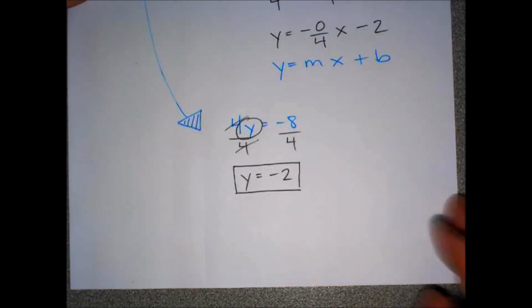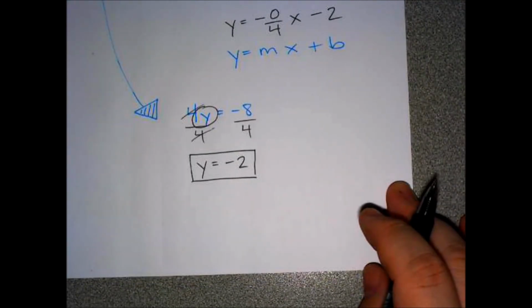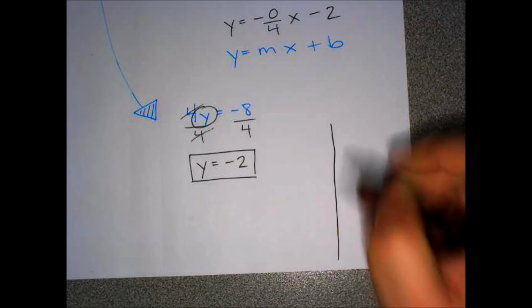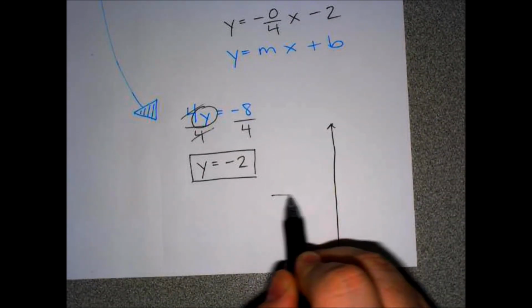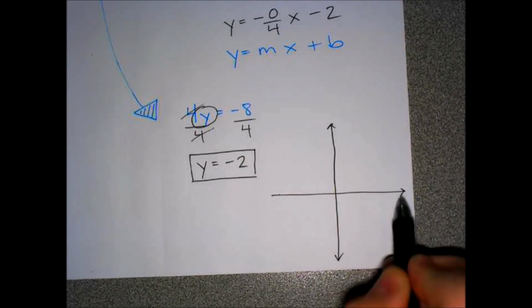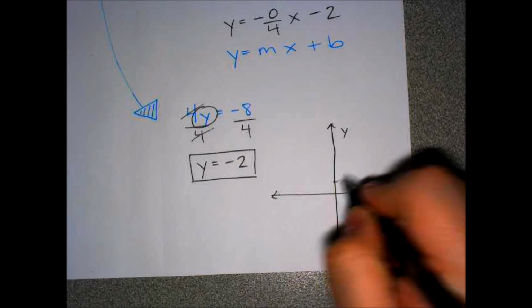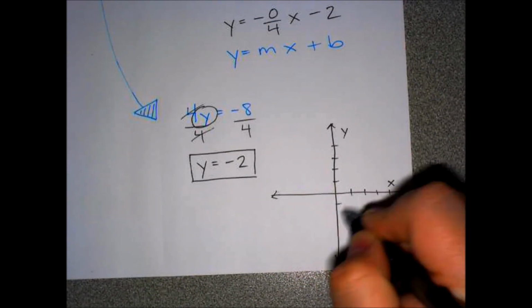Got a little bit of space on the right or left, let's choose the right. So we have this here. It's a crooked y-axis, but y, x, 1, 2, 3, 4. 1, 2, 3, 4.